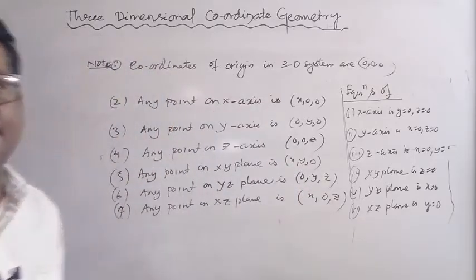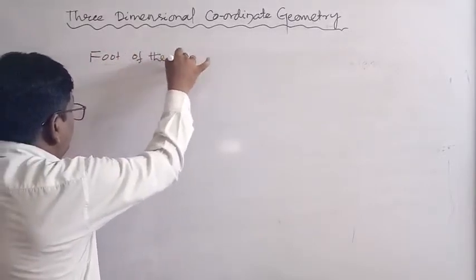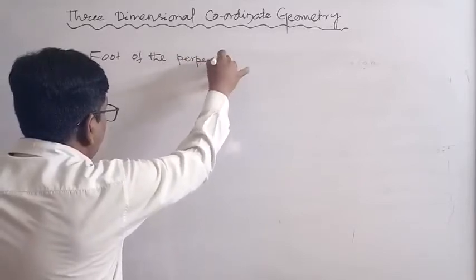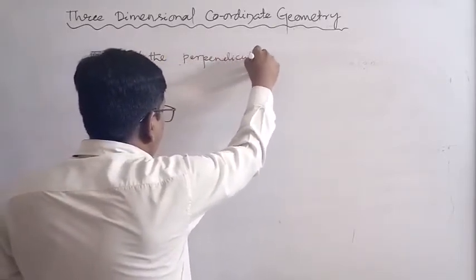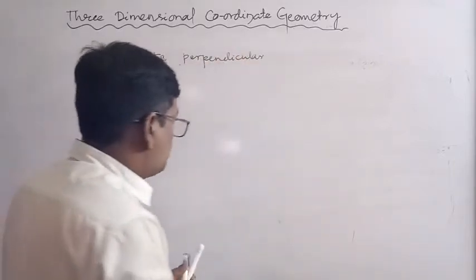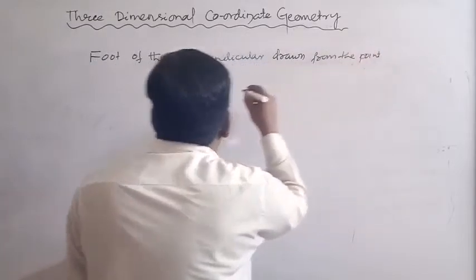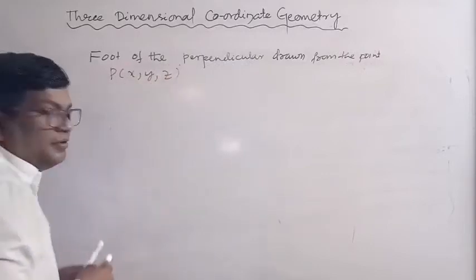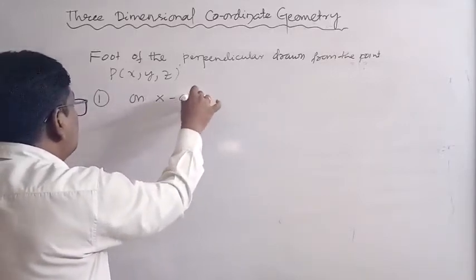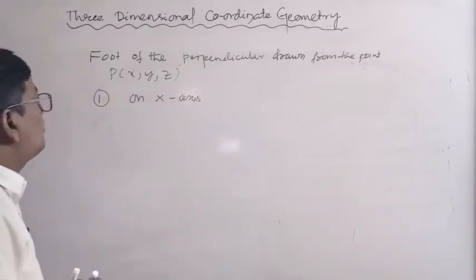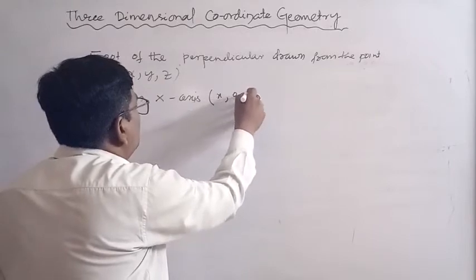Now, the foot of the perpendicular drawn from the point P(x, y, z), number 1, on the x-axis, that is x comma 0 comma 0.